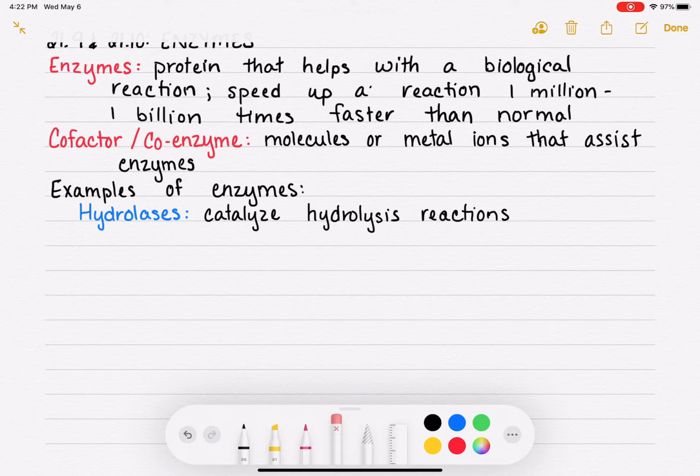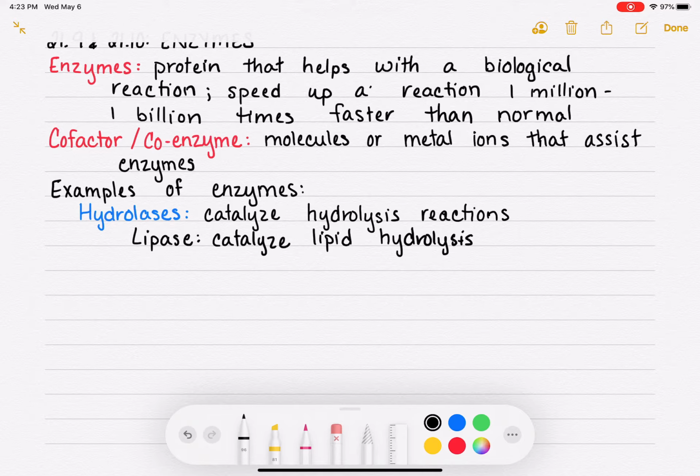So for example, we have lipase, and its job is to catalyze lipid hydrolysis.